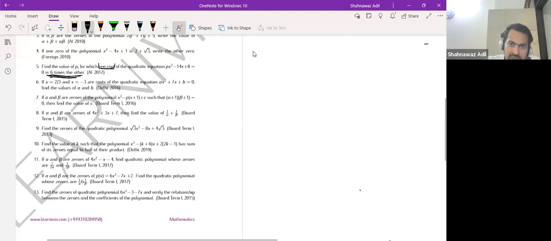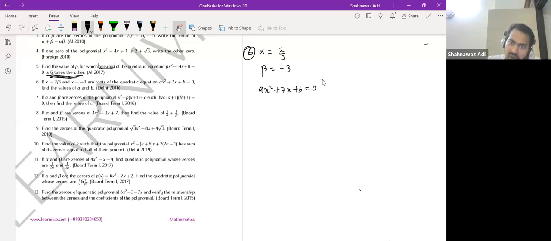Okay, sixth problem. We have two roots. Let me write alpha is 2 by 3 and beta is minus 3. These are the roots of the quadratic equation ax square plus 7x plus b.